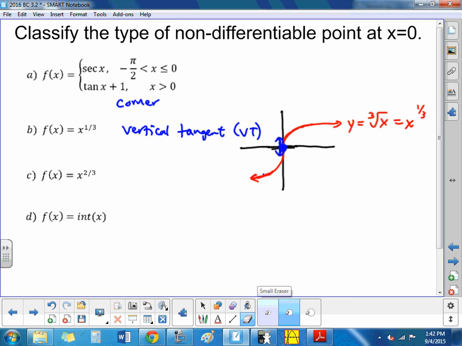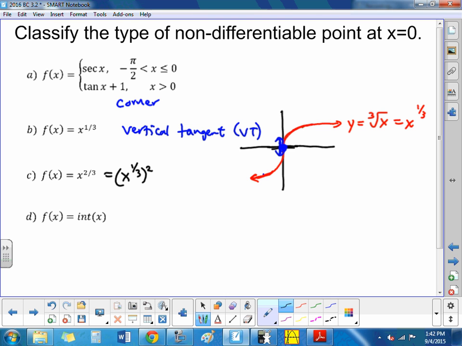Good. Okay, what about x to the 2/3? Before you get your calculator out or before you make a table, think of x to the 2/3 as x to the 1/3 that has been squared. What would happen to our graph of part B if we squared it?